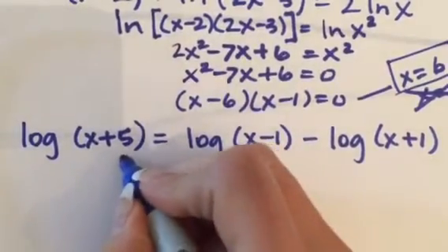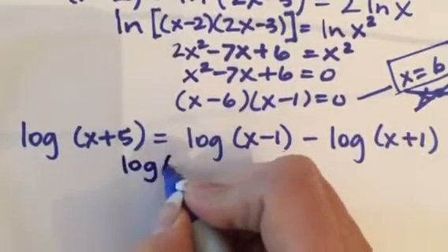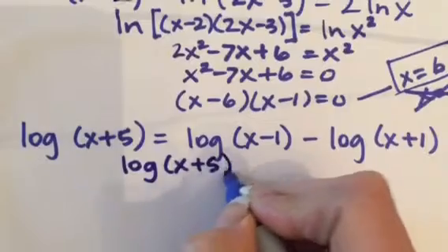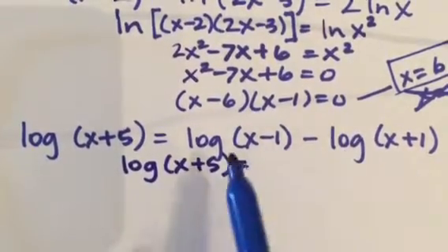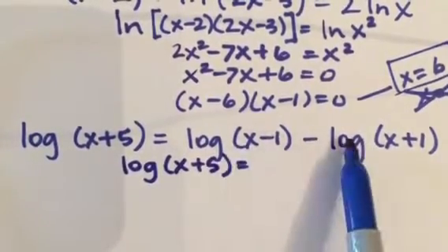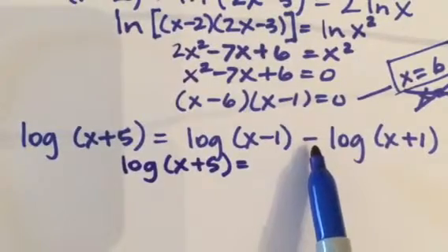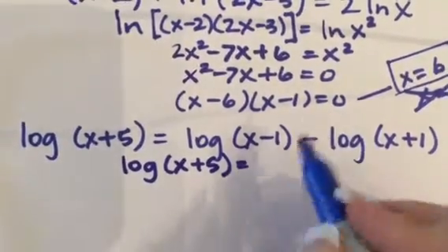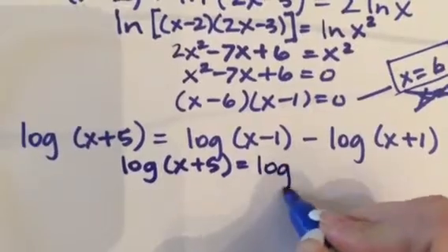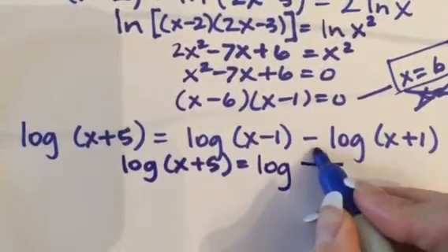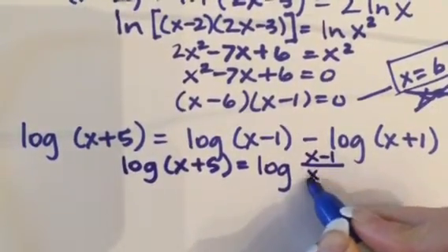So I'm going to rewrite the left-hand side. Log of x plus 5 is equal to, now recall that when I have two logs that are being subtracted, this is the log of a quotient. So this would be the log of x minus 1 over x plus 1.